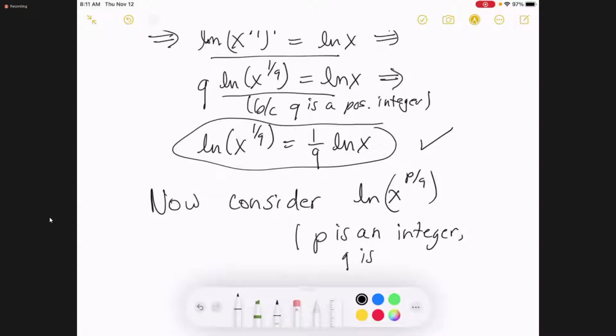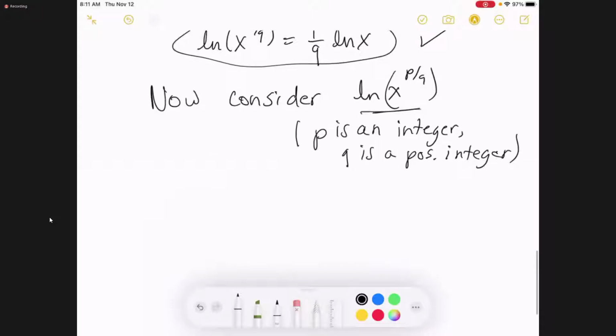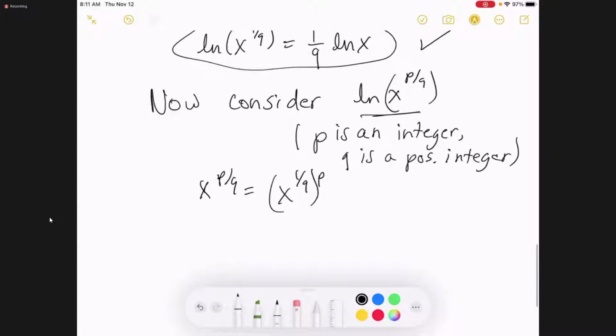Q is a positive integer. But x to the p over q is equal to x to the 1 over q raised to the p power. This is one of your rules of algebra.